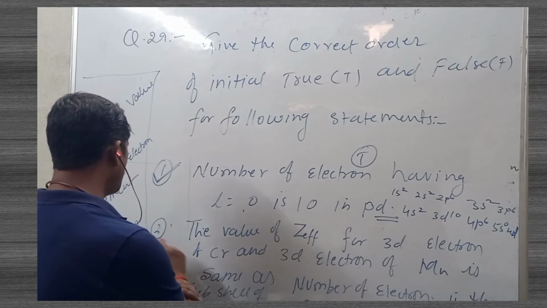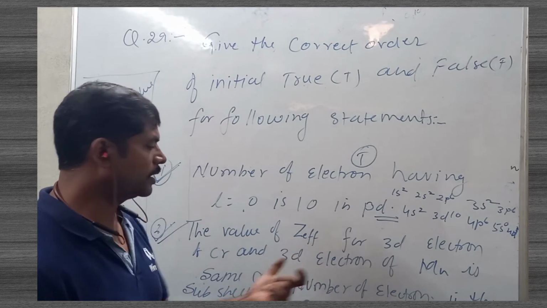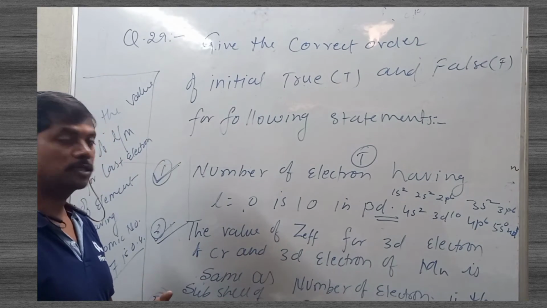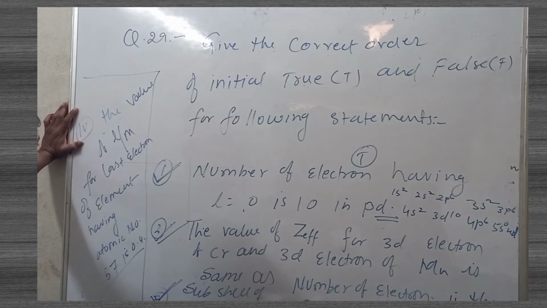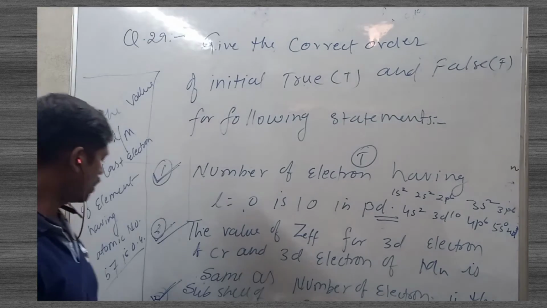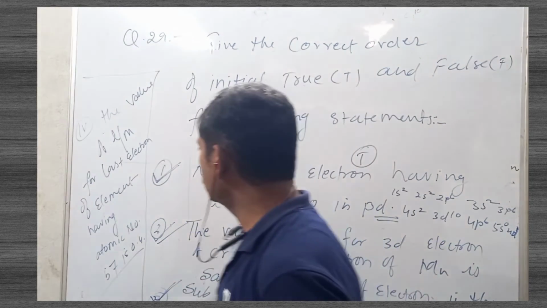This is also true. The subshells of chromium and manganese are the same, and the multiplicity of iron is equal to nickel. That is also true. And here the value of L by M for the last electron of the element having atomic number 57 is 0.4. So students, this is also true.